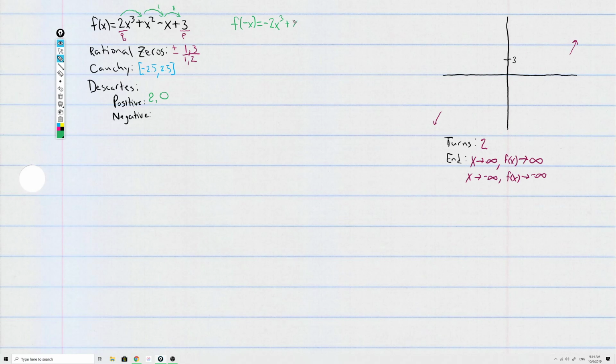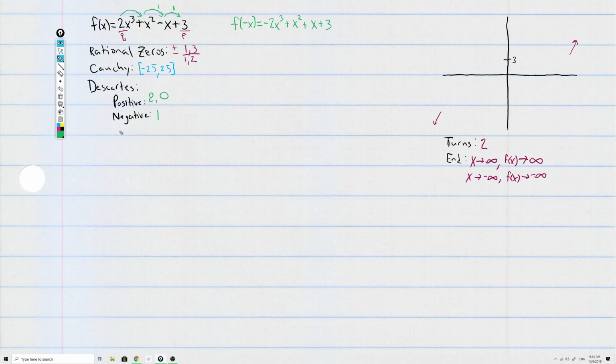The next term stays the same because a negative raised to an even power is still positive. Then that term changes sign, and we have +3. So now we count the sign changes of f of -x. As you can see, there's only one, when I go from the leading coefficient, -2, to the next coefficient, which is positive. So Descartes' rule of signs was actually kind of useful here. I know that there's a negative real zero.